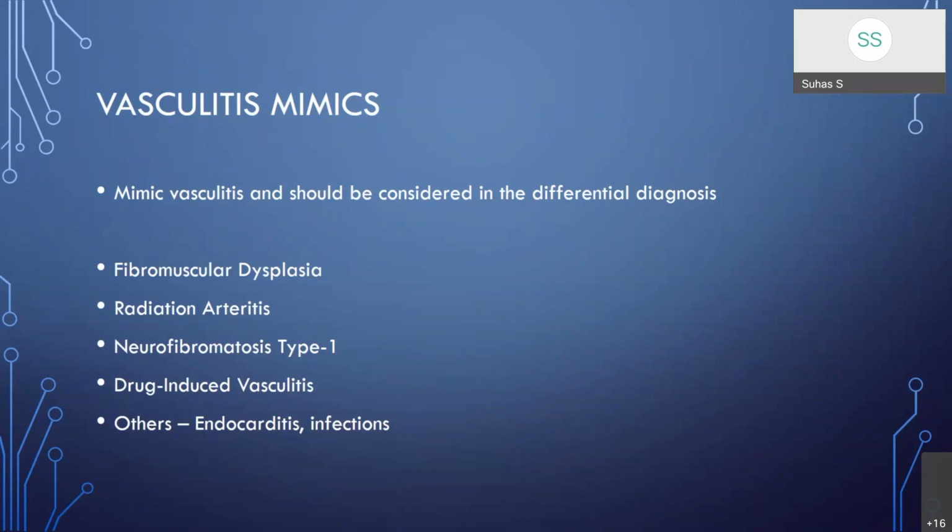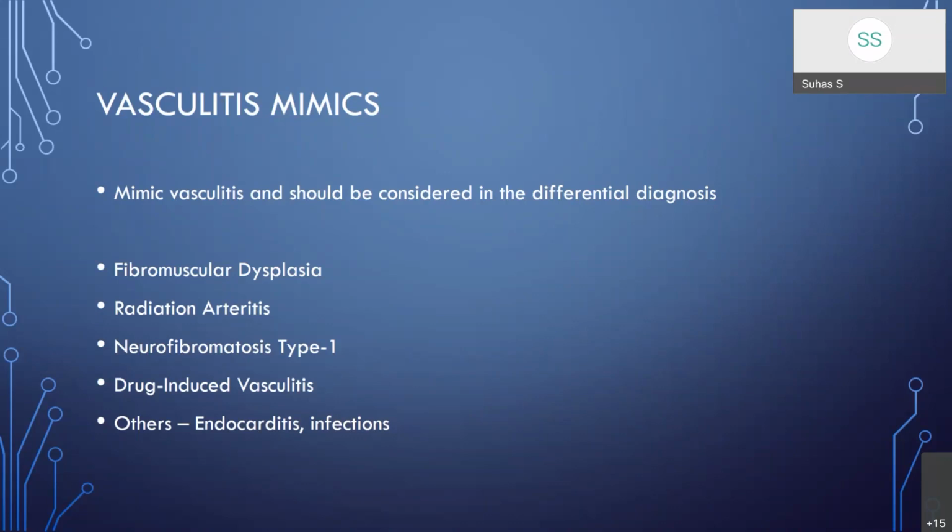We have neurofibromatosis type 1, and we even have drug-induced vasculitis, any hypersensitivity reaction to any of the drugs, and drugs like beta blockers, ergot derivatives, and even intravenous drug abuse, such as cocaine, can also lead to vasculitis. And we have other conditions which can mimic vasculitis, such as endocarditis and infections.